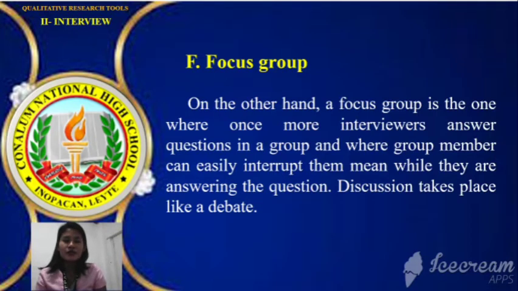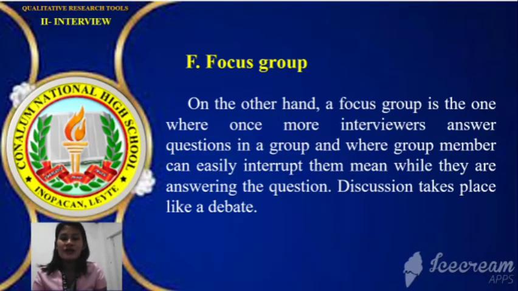So, by the way, when we go to our respondent, we have to inform them what kind of interview or observation you are going to perform, so that they will also know what they are going to do. For example, in a focus group, you must tell the respondent that you will be conducting a focus group interview so that they know whether they can interrupt or not.